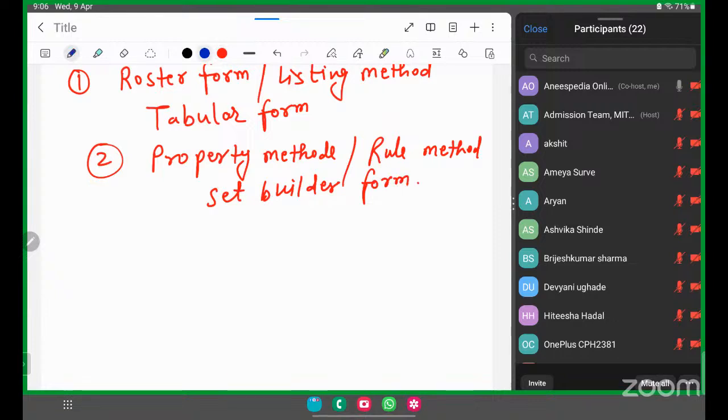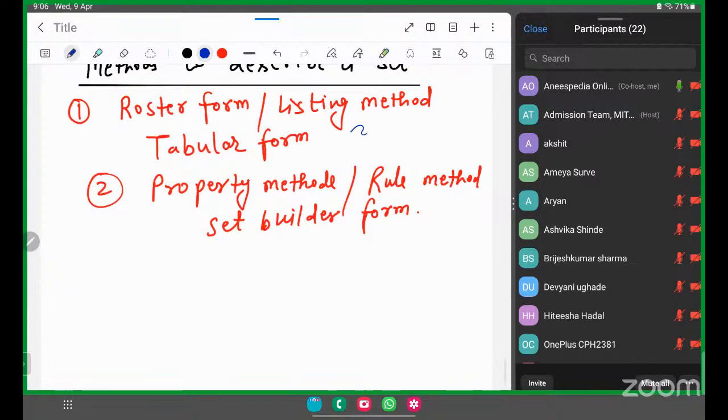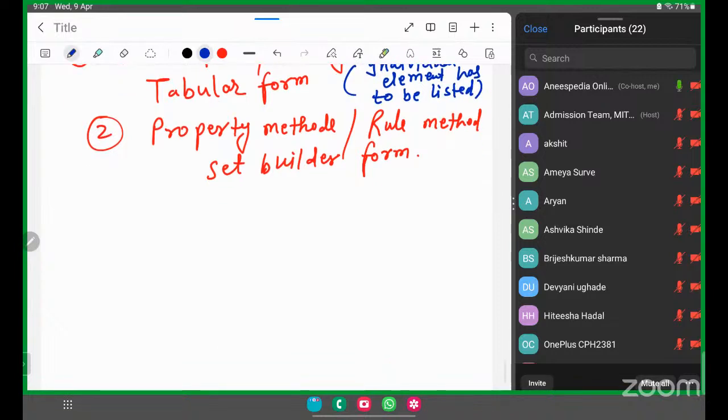In the first form, individual elements have to be listed, mentioned. While in the second method, we only use a common property of all the elements.